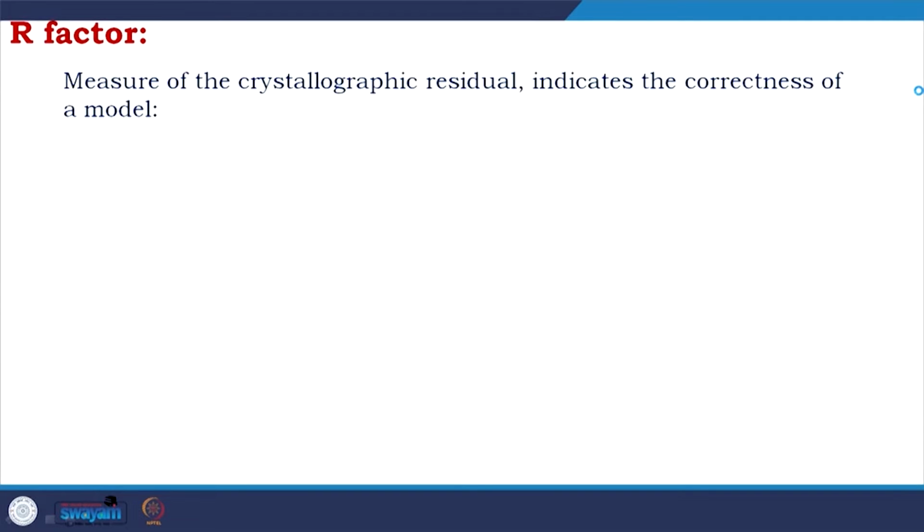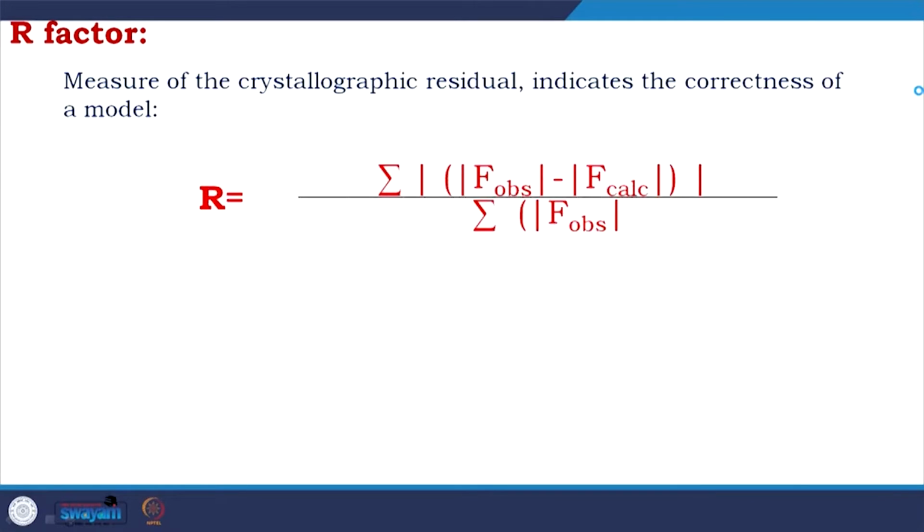So, mathematically how you do that? Measure of the crystallographic residual indicates the correctness of a model. R equals summation of the absolute value of F obs minus absolute value of F calc, divided by summation of absolute value of F obs.